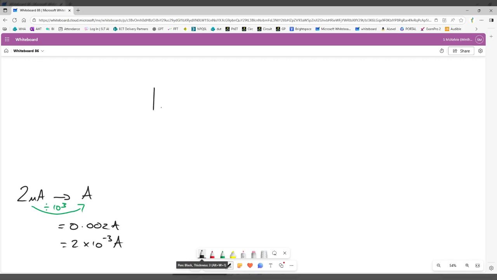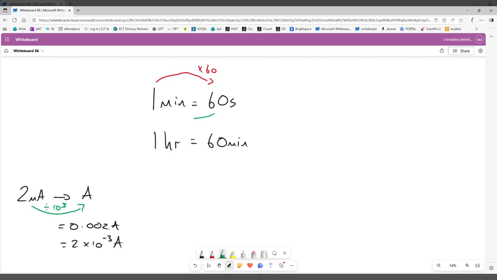1 minute is equal to 60 seconds. 1 hour is equal to 60 minutes. So if you're converting between times, how do you turn the number 1 into the number 60? Times it by 60. How do you turn the number 60 into number 1? Divided by 60.